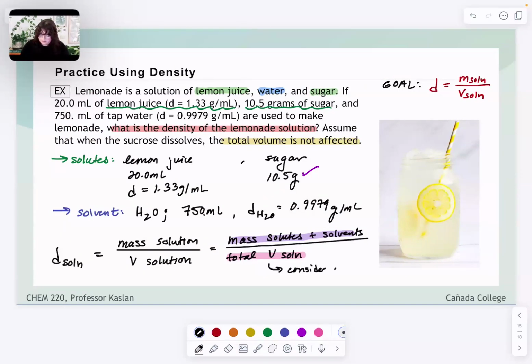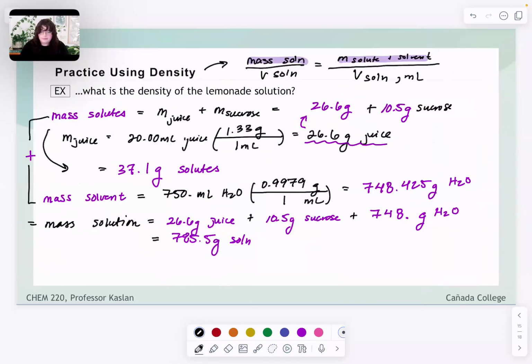Consider all liquid or aqueous components. So my volume of solution is going to be the sum of my volume of juice and my volume of water.